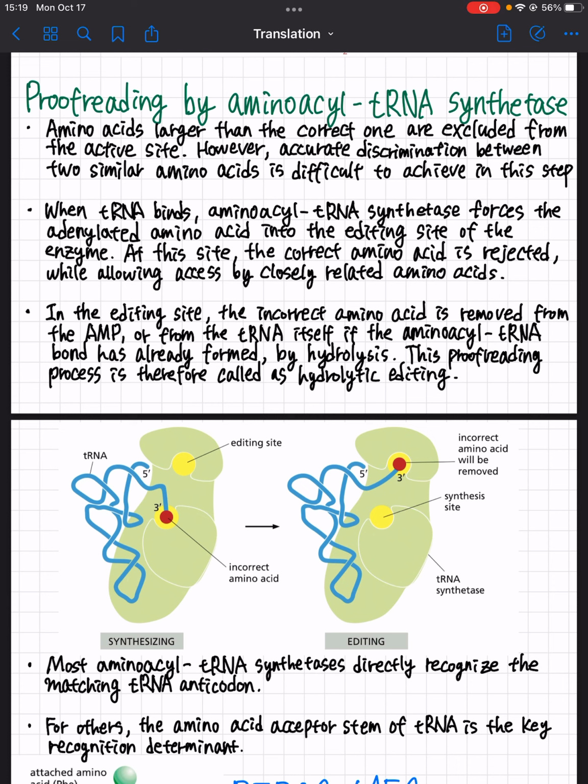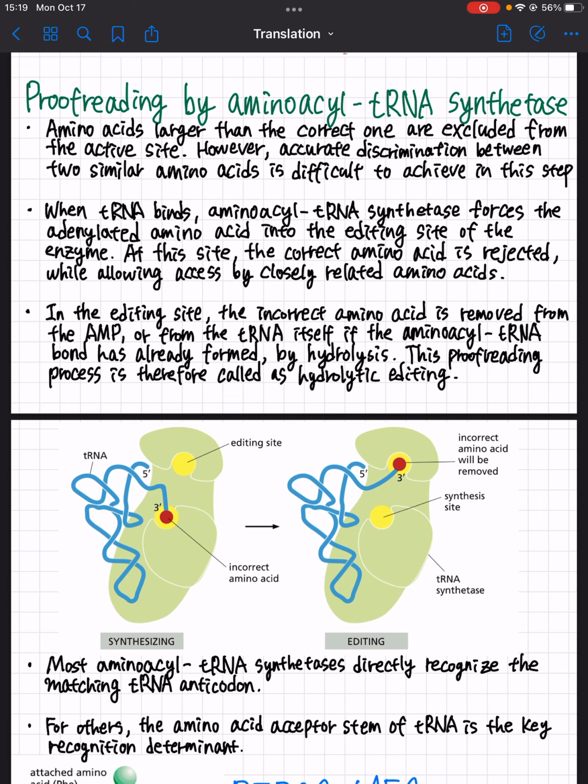In particular, amino acids larger than the correct one are excluded from the active site. However, accurate discrimination between two similar amino acids is very difficult to achieve in a single step. A second discrimination step occurs after the amino acid has been covalently linked to AMP.